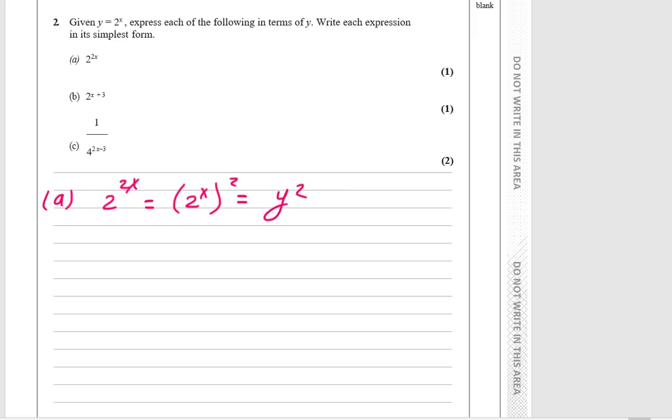Okay, then b, 2 power (x plus 3) will equal 2 power x times 2 power 3. So it will equal y times 2 power 3, equal to 8, so 8y.